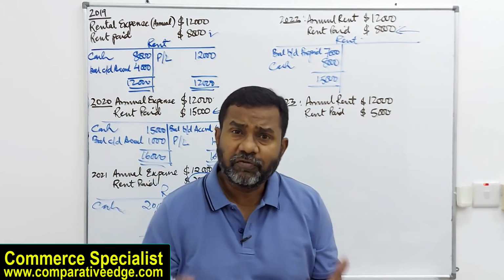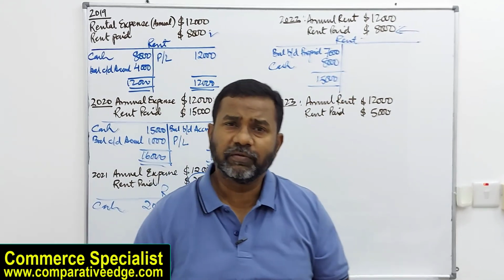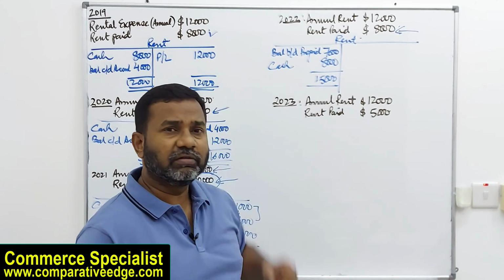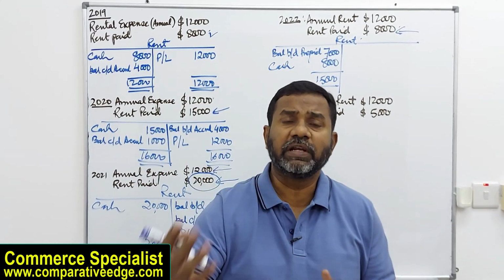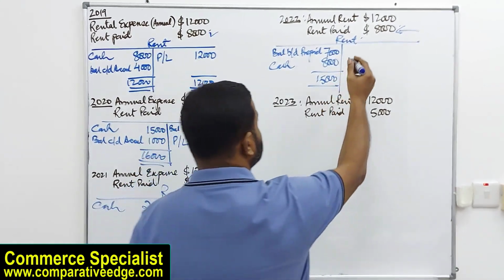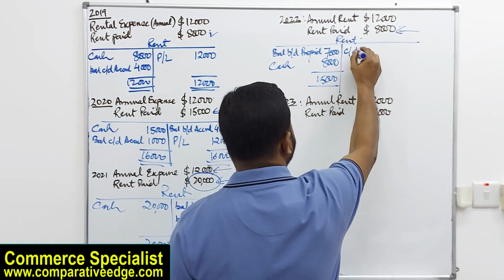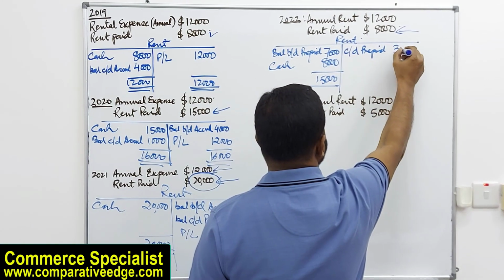And what is the rent for the current year in reality? It's only 12. The annual rent is 12. So if we have paid 15, which means 3,000 has been paid in advance. So at year end, our prepaid rent, closing balance of a prepaid, which is an asset, is 3,000.